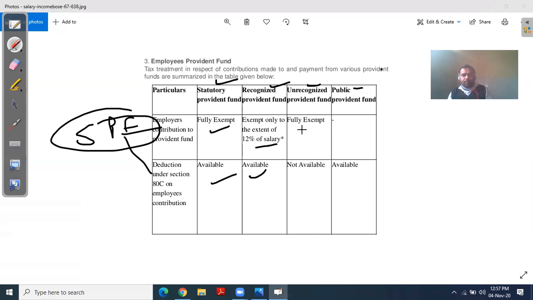Unrecognized is not fully exempt and deduction is not available. PPF is fully exempt on maturity. The employer does not contribute to it, and deduction under 80C is available. But you must remember that the ceiling limit of deduction is 1,50,000. This is the whole ceiling limit.